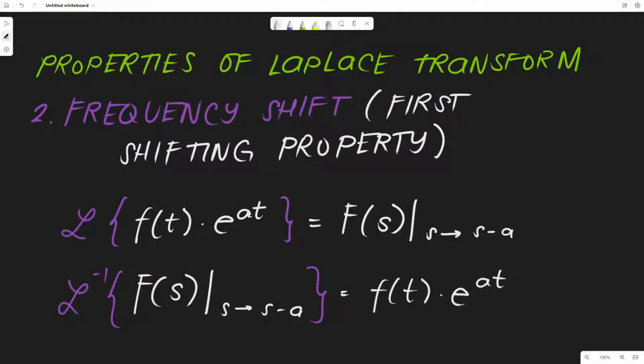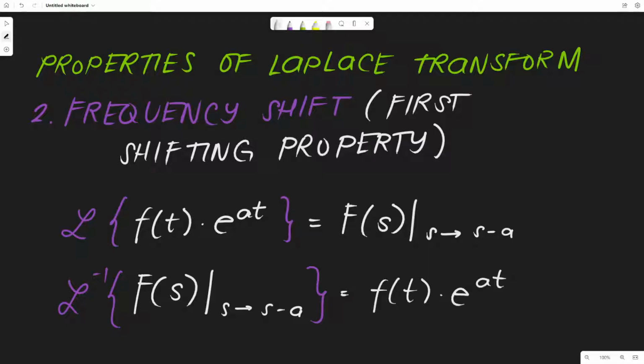So we will be discussing the second property of the Laplace transform and the inverse Laplace transform, that is the frequency shift or the first shifting property. So kung makikita nyo dito sa ating definition ng ating frequency shift, let's say I have a function in the time domain f of t multiplied to e raised to at.